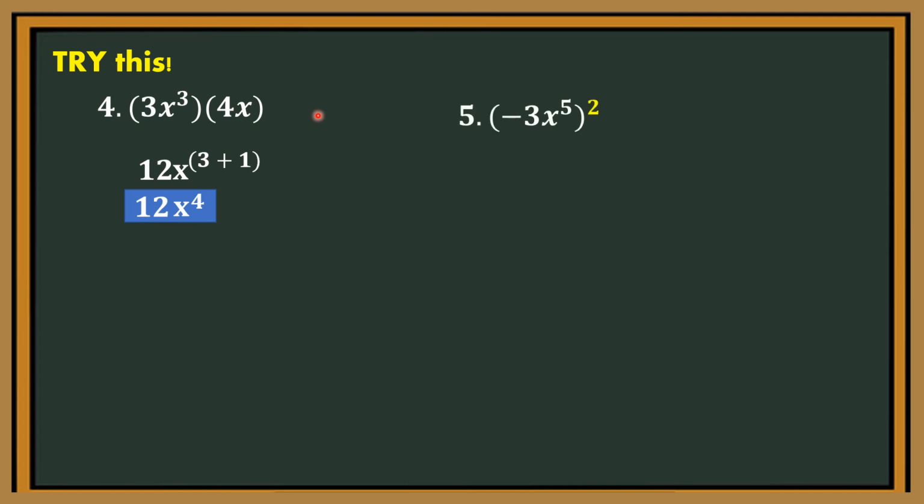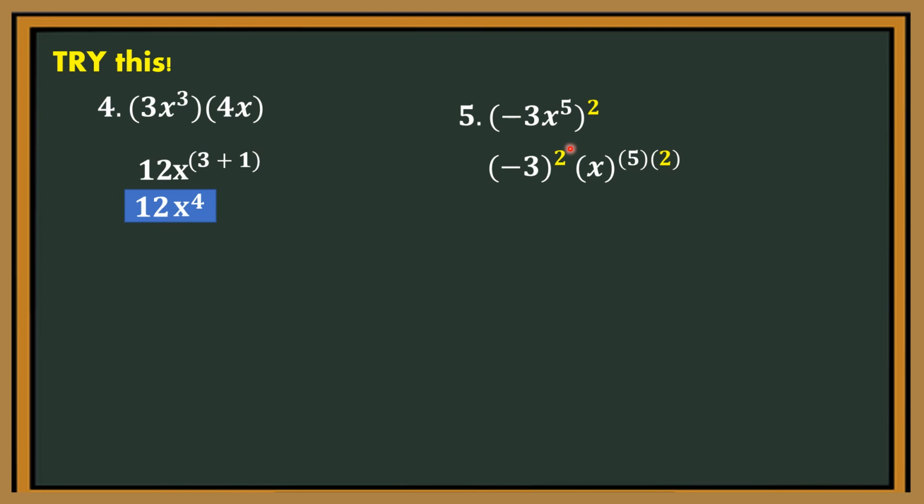Number 5. The quantity of negative 3x to the 5th quantity squared. You have noticed here that we have exponent outside the parentheses. All we have to do is to distribute it inside 1 by 1. Negative 3 squared, x to the 5th, multiply the exponent by 2.